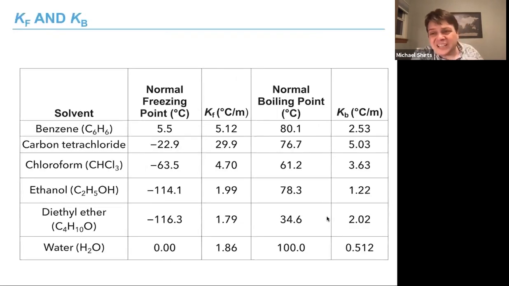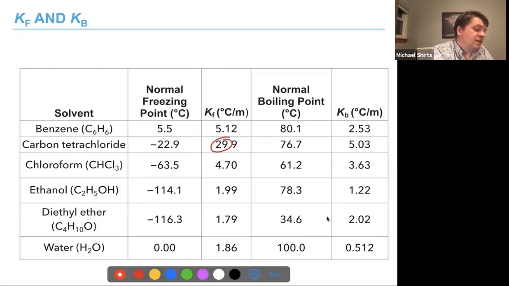So let's look at a few of these freezing point depression and boiling point elevation constants. You can see some trends here. Usually the freezing point depression is larger than the boiling point elevation for the same amount of solute. And generally, if one is large, the other is relatively large as well.